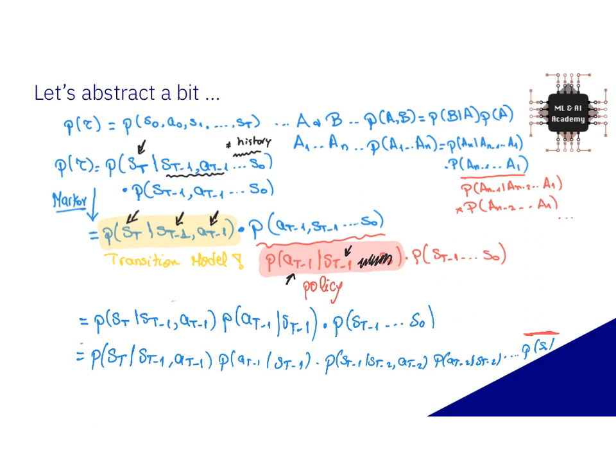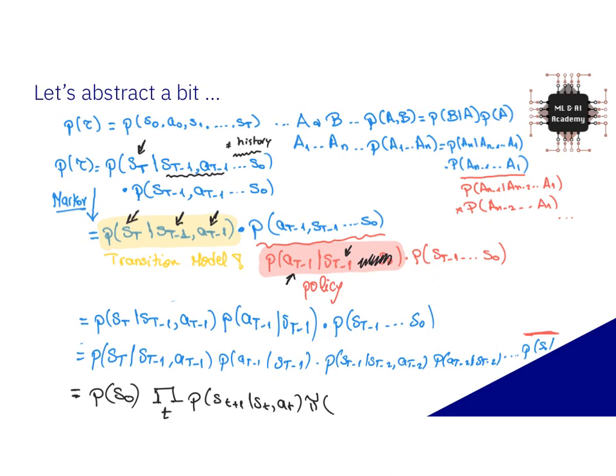But now I can write this a little bit cleaner, where I can say this is nothing but p of s0 times the product over time of p of s_{t+1} given s_t and a_t, times the policy pi, or the p of a given s, which we just call pi.